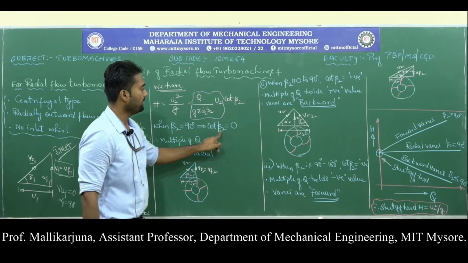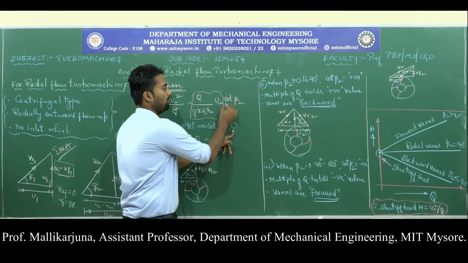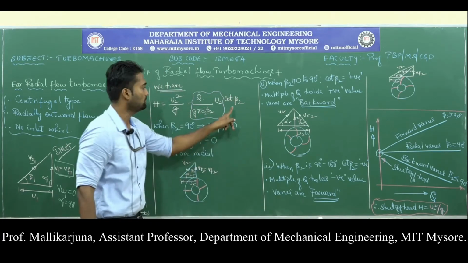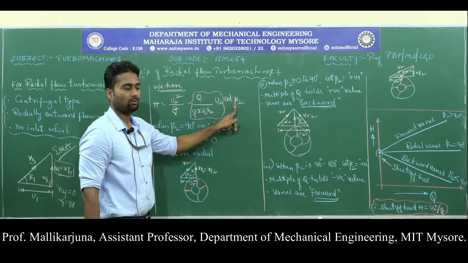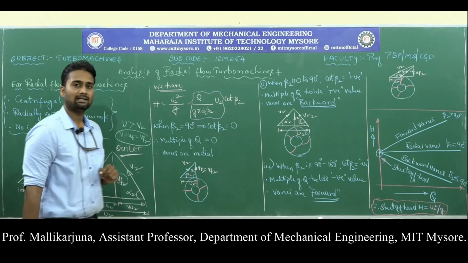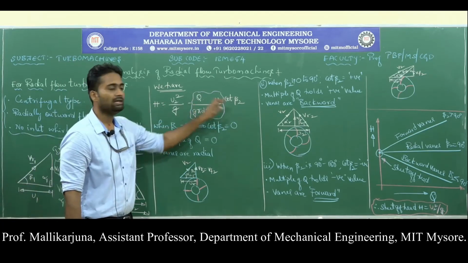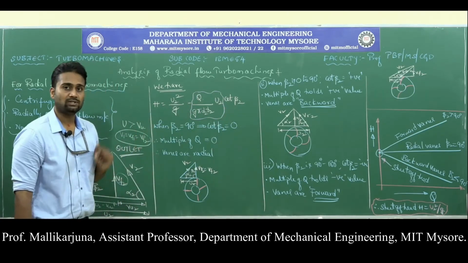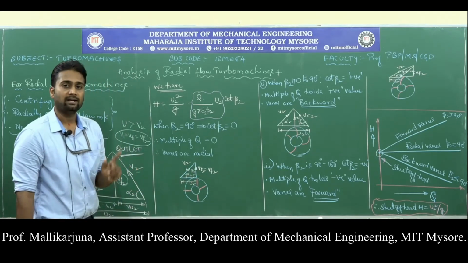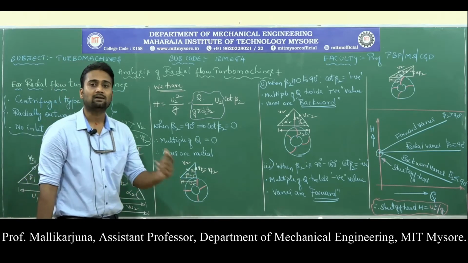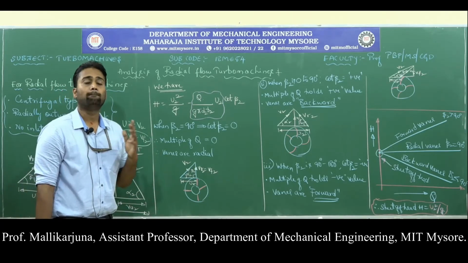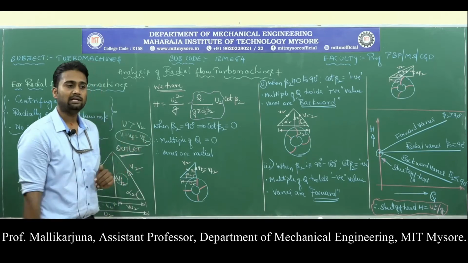Now, if cot beta 2 becomes 0, this multiple becomes 0. 0 into anything is 0. We will be left with H is equal to U2 square divided by g, because this entire term will vanish. In such situations, the beta 2 blade angle is 90 degree and the blades are termed radial blades. I mean, at the outlet the blades are radial in nature.